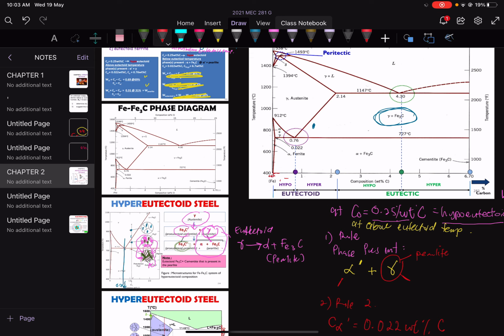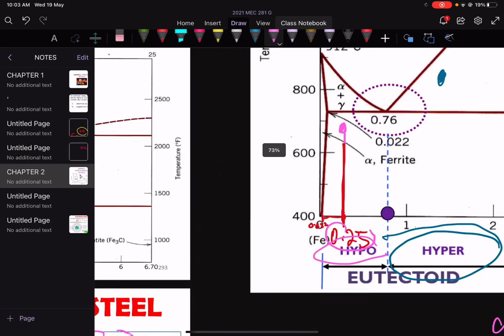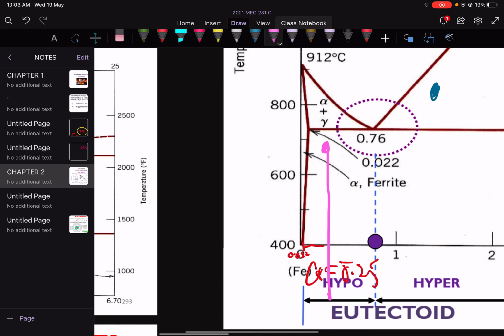Okay, so this one is your composition of 0.25, and now we are looking at below the temperature. So here, let's say it is here. Okay, so making a tie line. Now this one is C alpha, which is 0.022 weight percent of carbon.